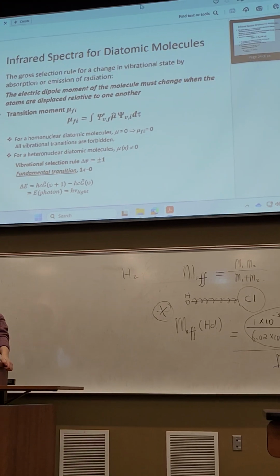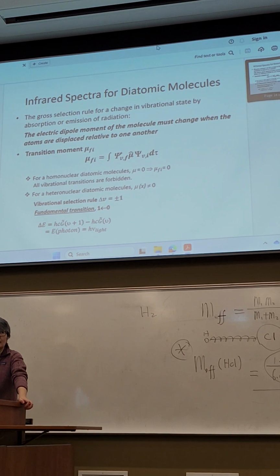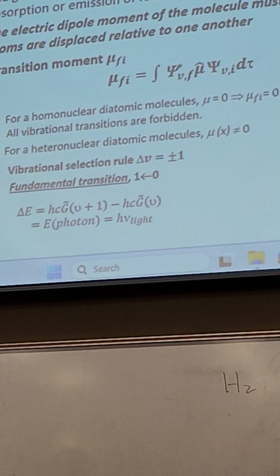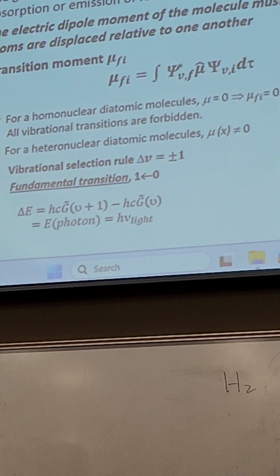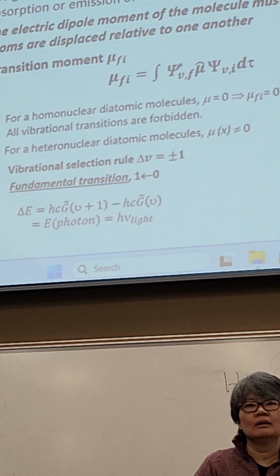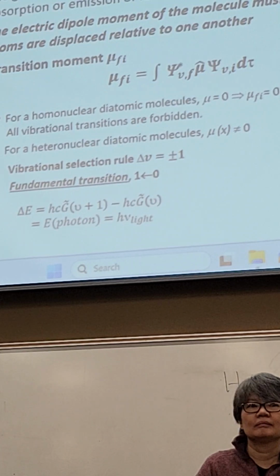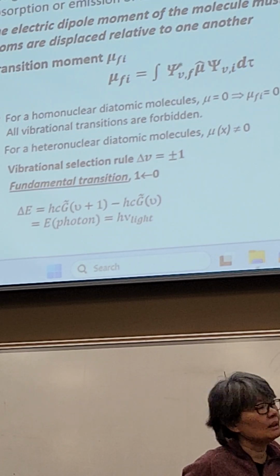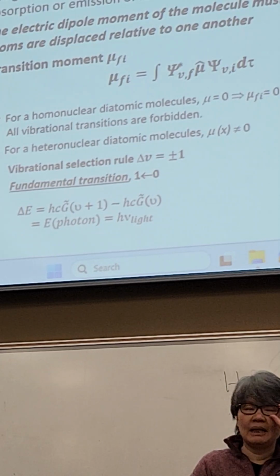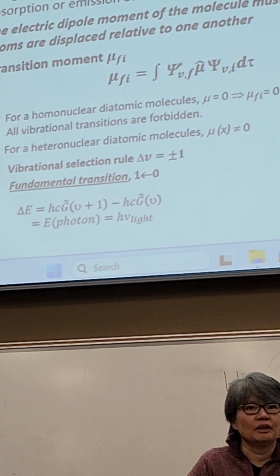But under delta V equals plus or minus 1, there's one special transition. It is satisfied for a heteronuclear diatomic molecule. It is from 0 to 1. The transition from V equal to 0 to V equal to 1, what do we give a special name to it? We say it is the fundamental transition. So if I say, can you calculate the energy for HCl for the fundamental transition?